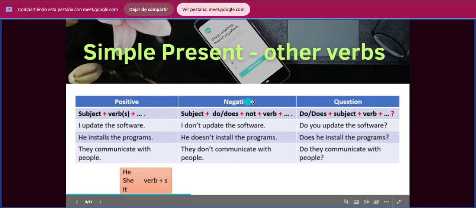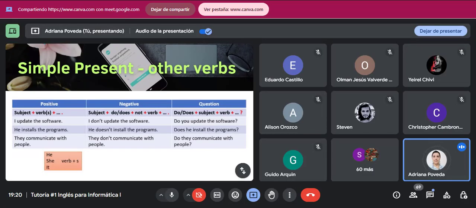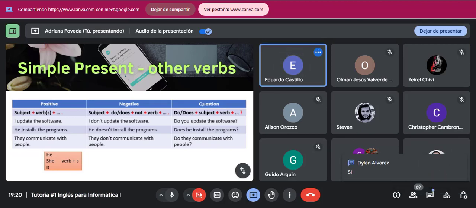But in the case of the negative sentences or the questions, the auxiliary does already has the s, and that's why in a formula, as you can see, the verb does not include the s. So only in the affirmative sentences.